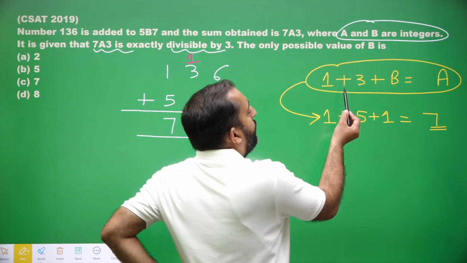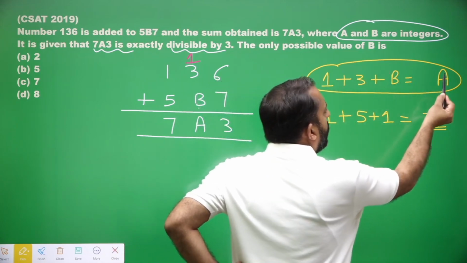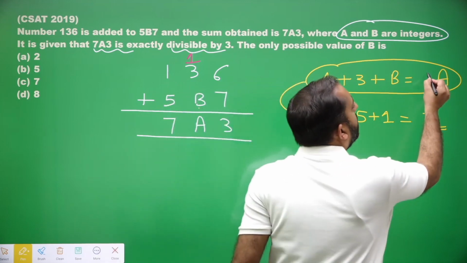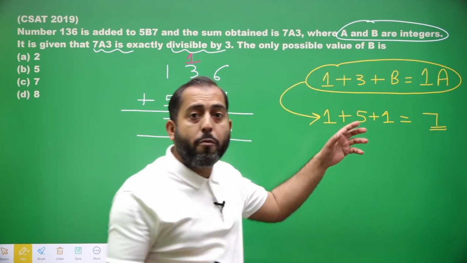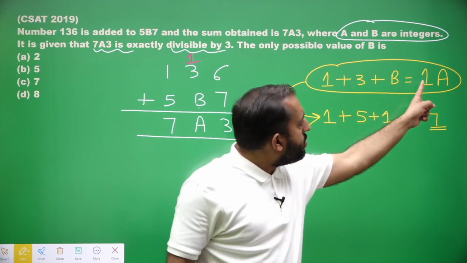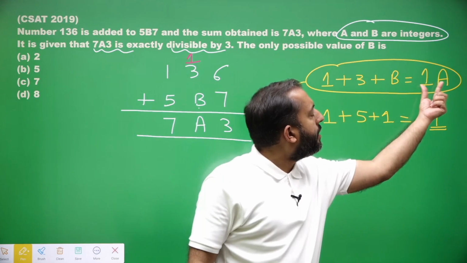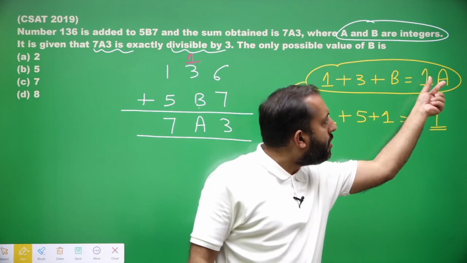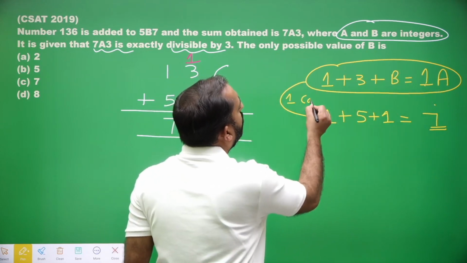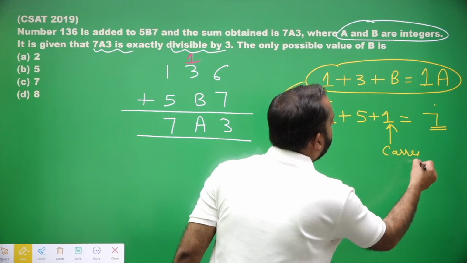Now, if you want this step to produce a carry, 1 plus 3 plus b equal to a, then a should be the unit digit of a 2-digit number whose tens place is 1. Because if it is like 10, 13, 14, 15 here, only in that case can we take one carry to make this given sum possible.